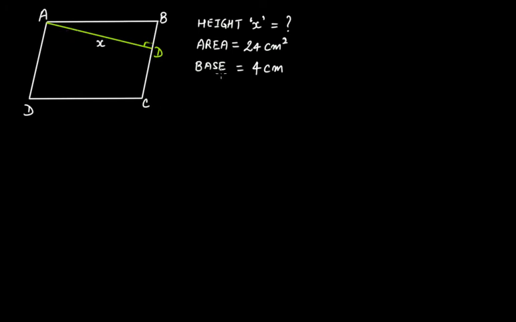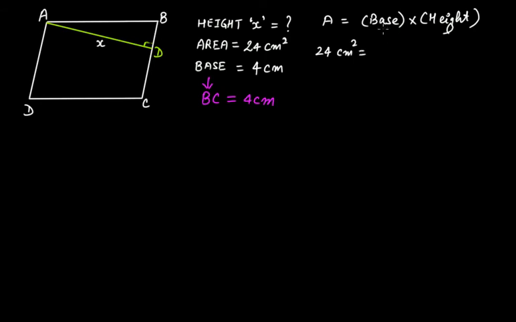Okay, so what's the base here? The base is actually BC. So BC is equal to 4 centimeter. Now, we know that area, let's denote the area by A, is equal to base times height. We know the area, that is 24 centimeters square, and the base is 4 centimeter, and we don't know the height, so it's x.